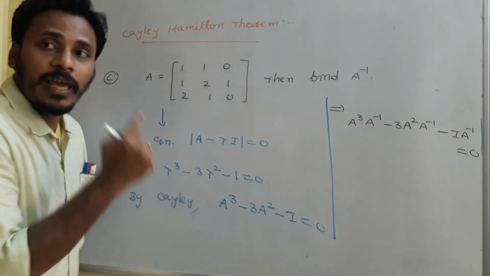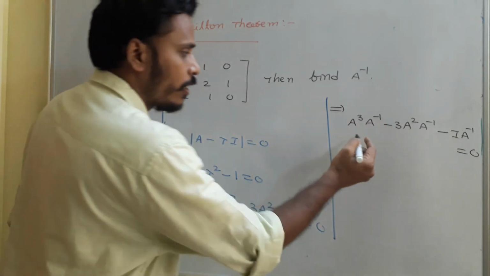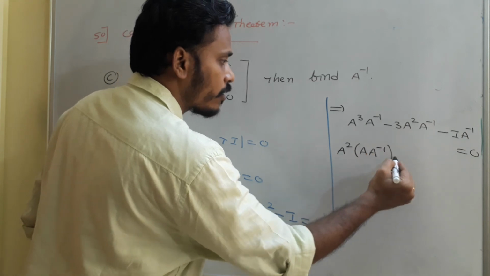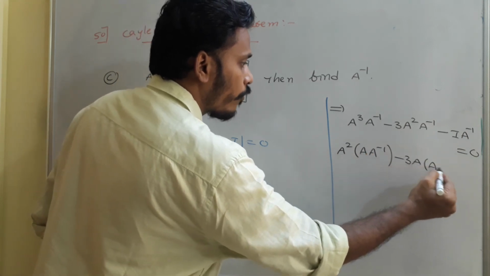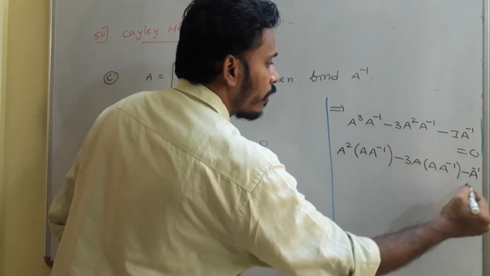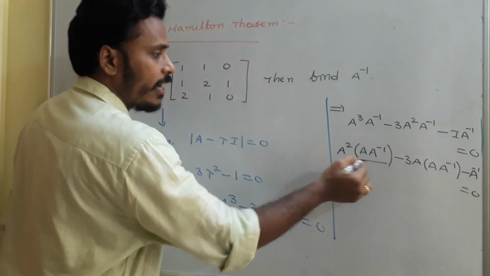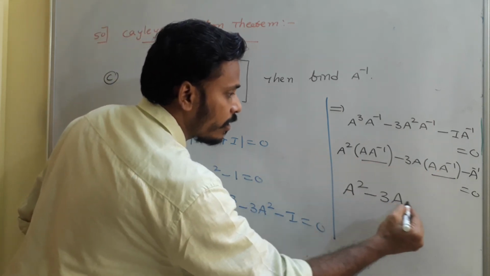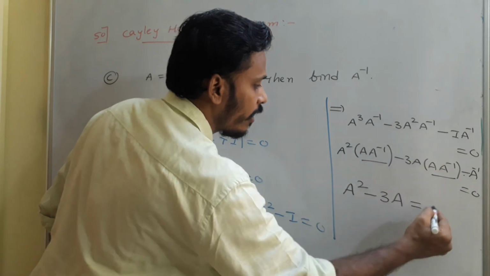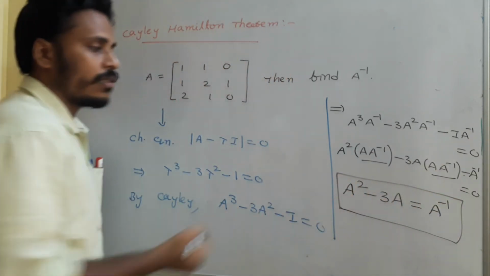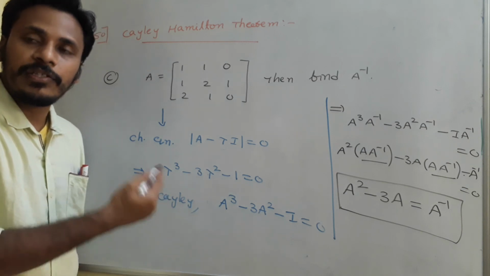We know that A into A inverse is identity, so we rewrite it like this: A square minus 3A minus A inverse equals 0. If you send that A inverse to the other side, at the end A inverse equals A square minus 3A.